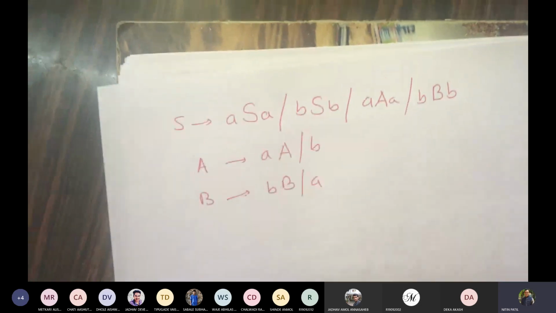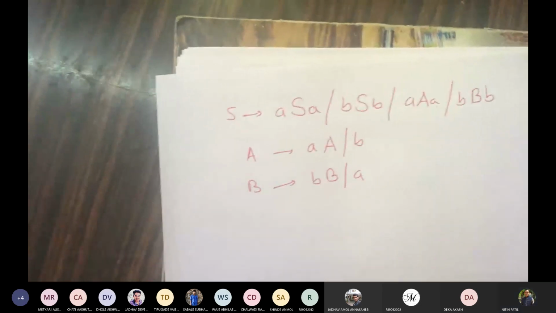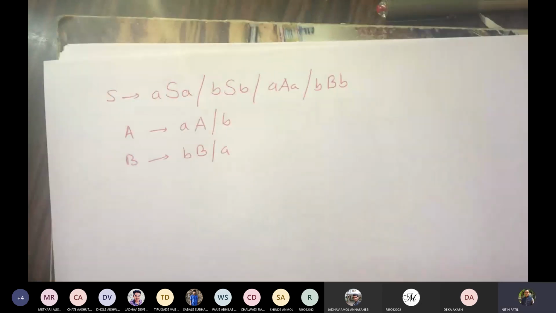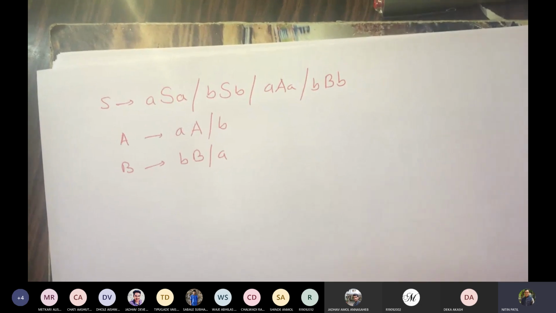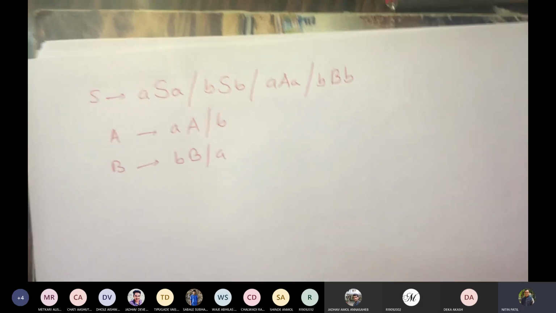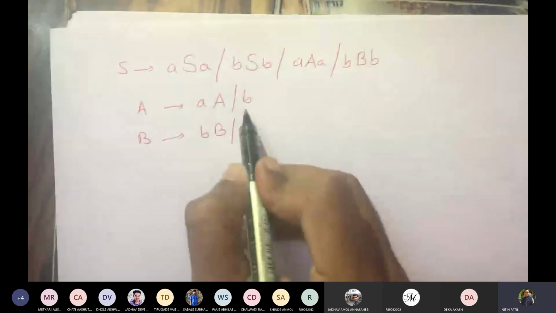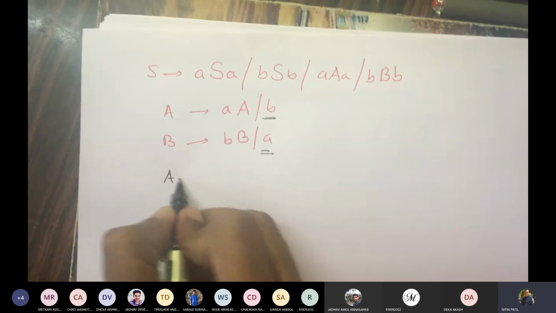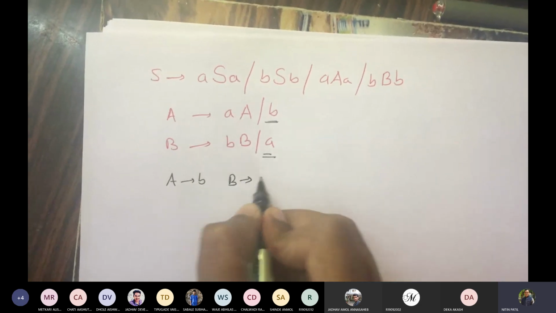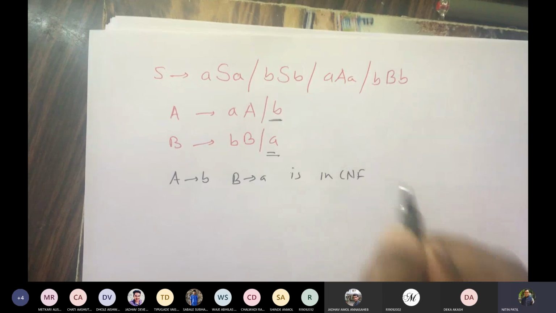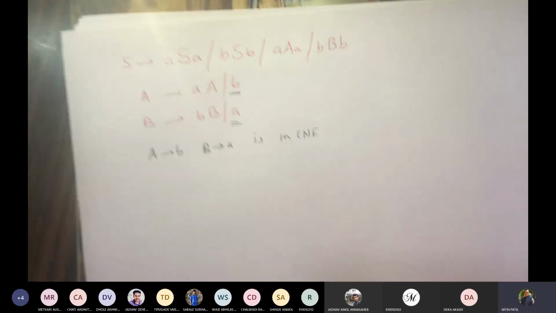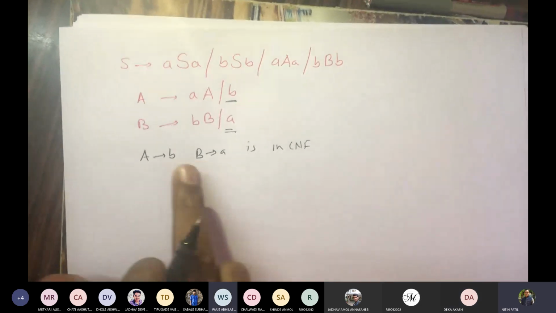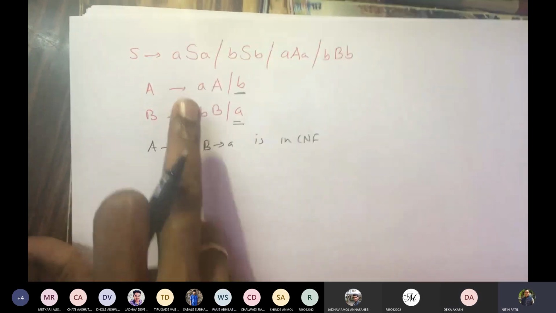Can somebody tell me which are fulfilling the form? How many productions have only two variables on the right side, or only a single terminal? You may see that these productions follow the form, correct? So these are as per the form that we have. Are you with me? Yes, sir.